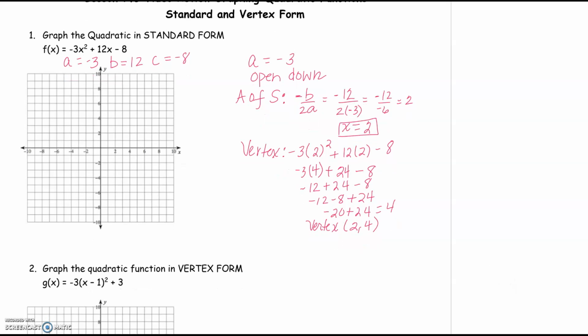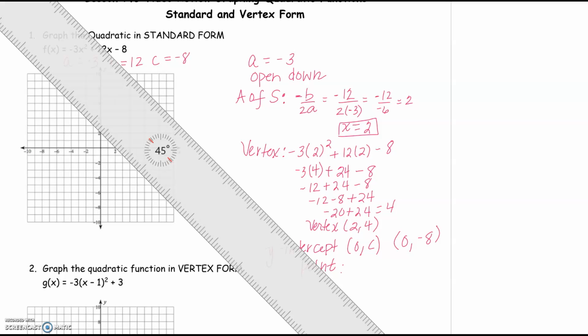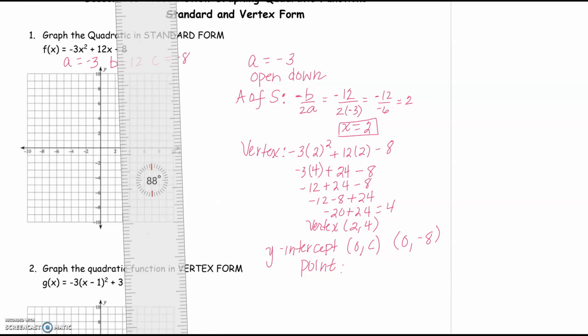Okay? The y-intercept, how do we do the y-intercept? The y-intercept is always 0, c. Well, we've already identified c. It's negative 8. So 0, negative 8. We're going to do our last point once we put this onto our coordinate plane. So we're going to start with our axis of symmetry.